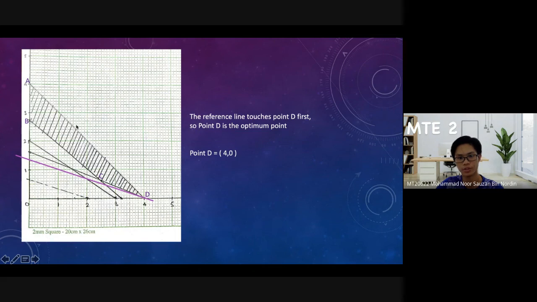In this situation, as we can see, the reference line touches point D first. So we can say that point D is the optimum point.